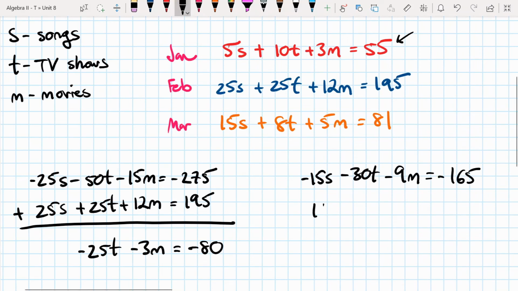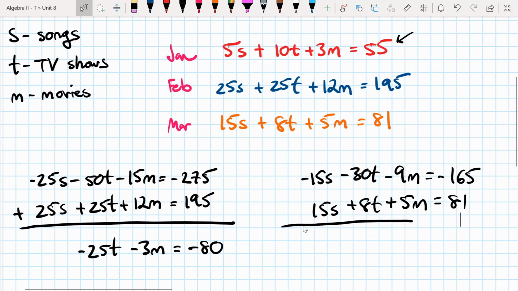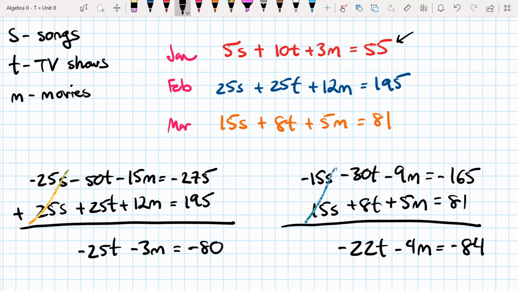And we're going to add to that the third equation. We're just going to leave the third equation alone. All right, so in this case, the s's will cancel again. And we're left with -30 plus 8, -22 times t, minus 4 times m is equal to -84.